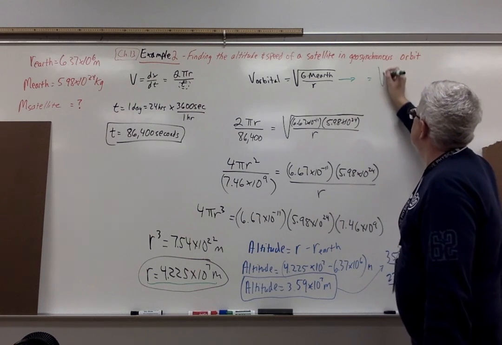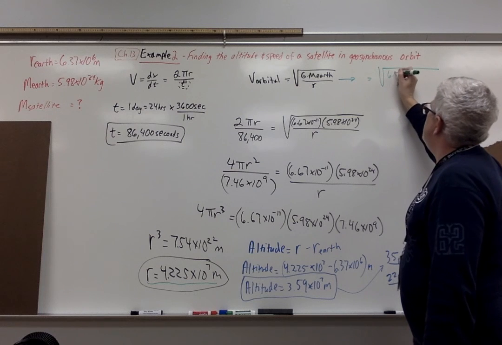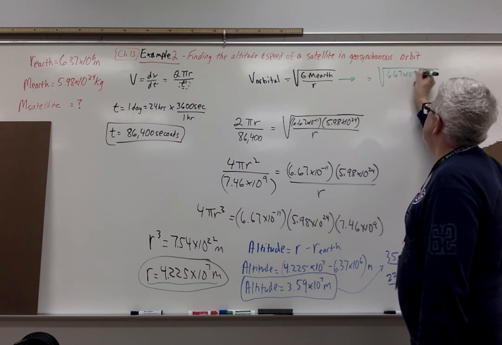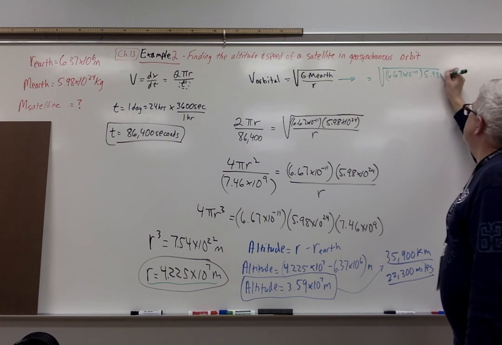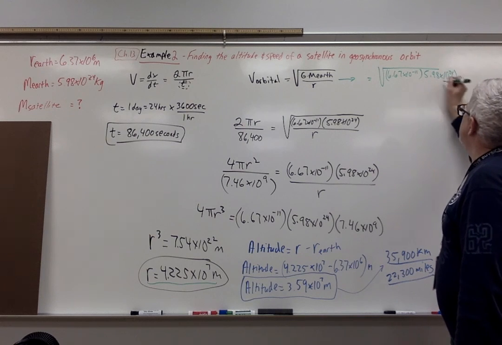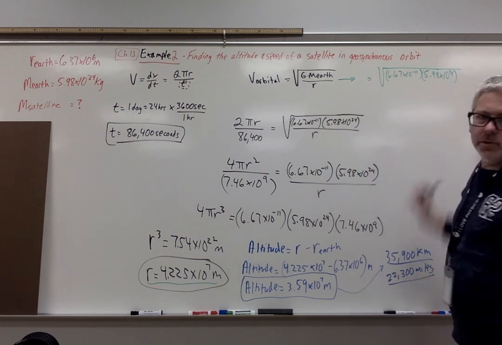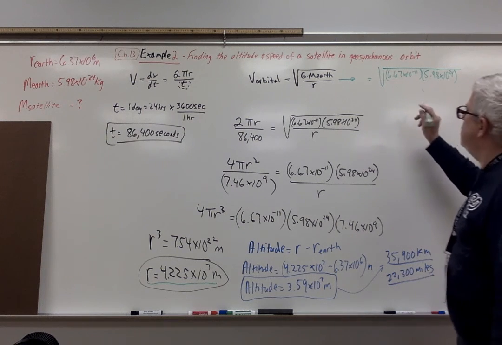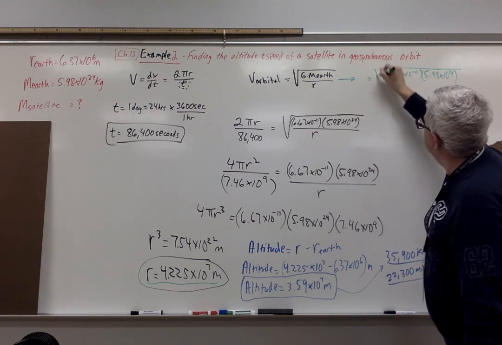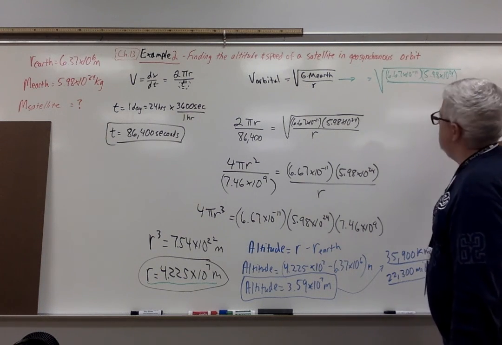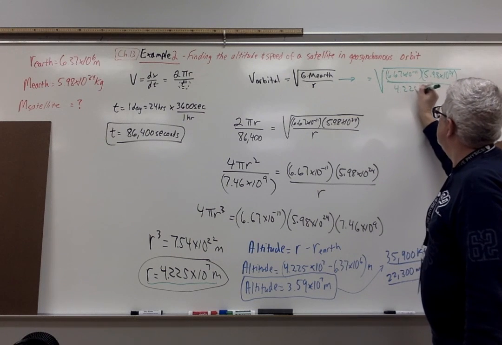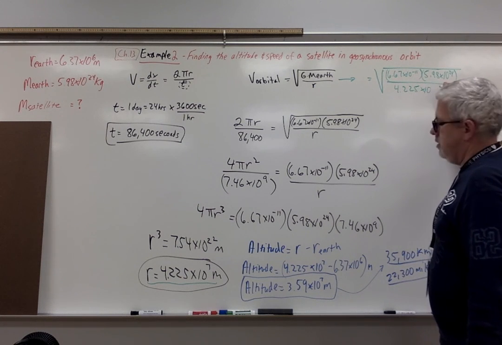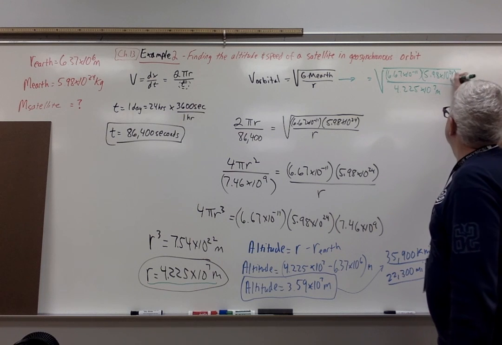So that's 6.67 times 10 to the negative 11th, 5.98 times 10 to the 24th. Hope that's still on the screen. Barely is. And all that's over the 4.225 times 10 to the 7th meters.